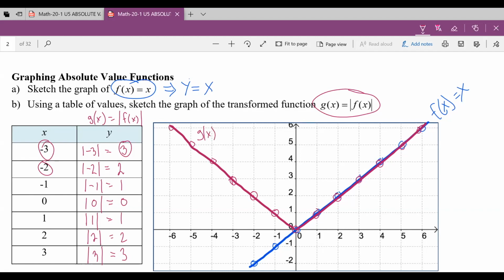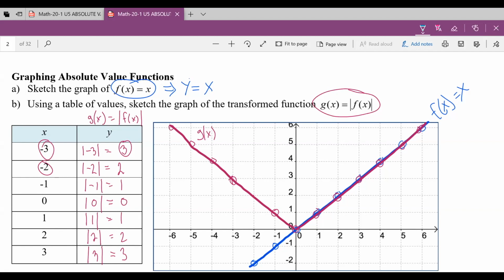So for all x values that are 0 or greater, it just looks like f of x. But for values that are less than 0, g of x, that is the absolute value of f of x, looks like it's been transformed. It's been mirrored, hasn't it, about the x-axis. What an absolute value does to a function is it breaks it up into two parts.